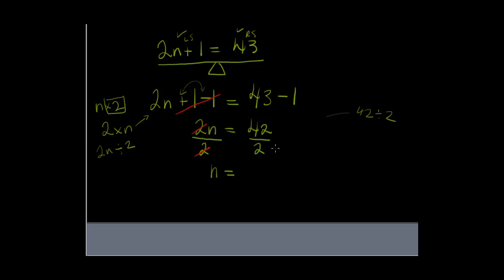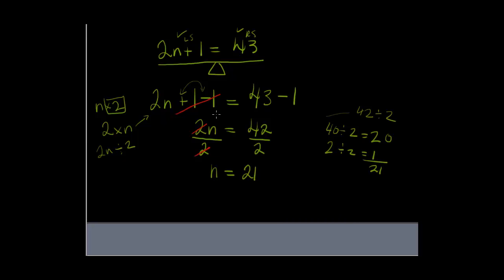Go ahead and use your calculator if you need to. Or you can simply go, what's 40 divided by 2? That equals 20. What's 2 divided by 2? That equals 1. Put them together, 21. So therefore, n is equal to 21.